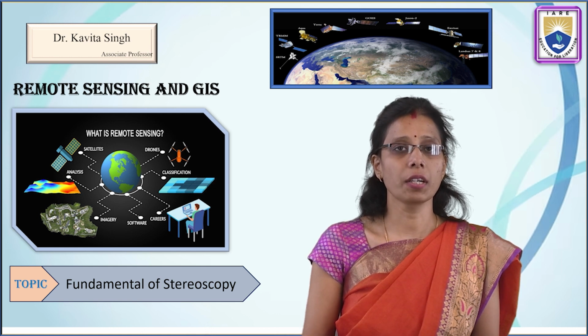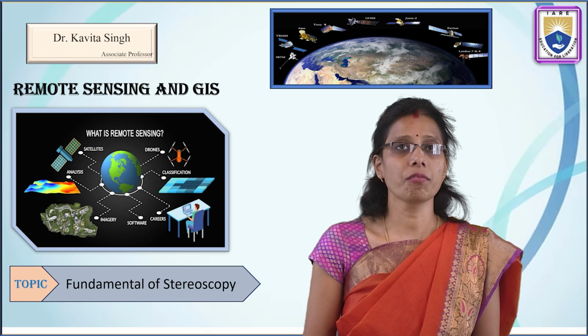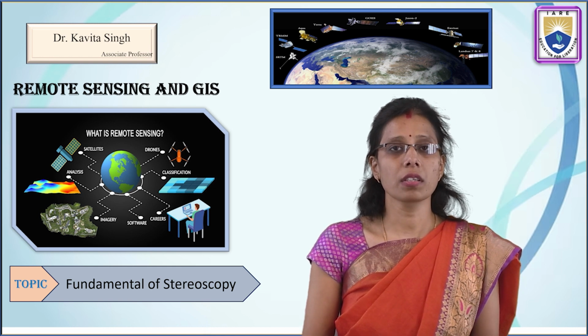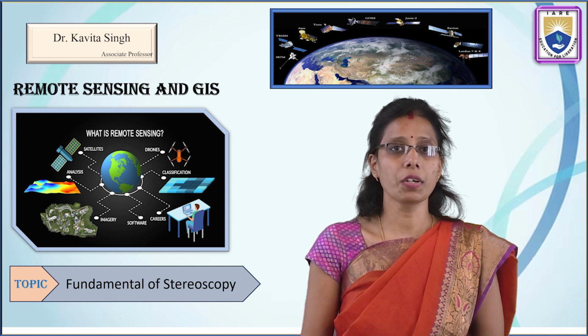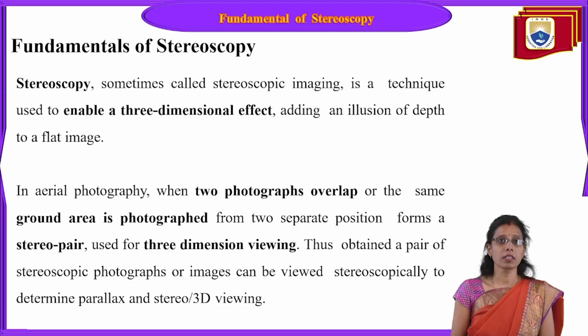When a flight goes in the same direction, it keeps on clicking the images. The overlapping area of the images we call a stereo image, and it should be from the same flight line. That is going to help us find out the different heights of the different objects in different places. So let us discuss the fundamentals of stereoscopy.